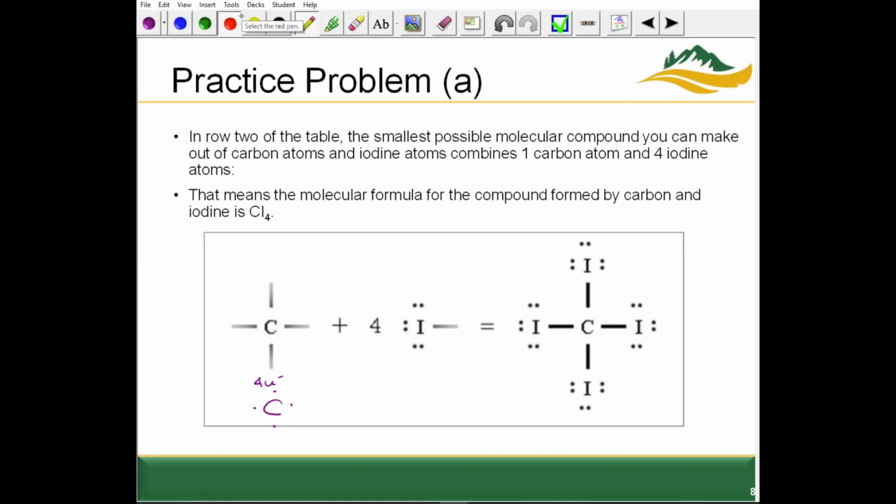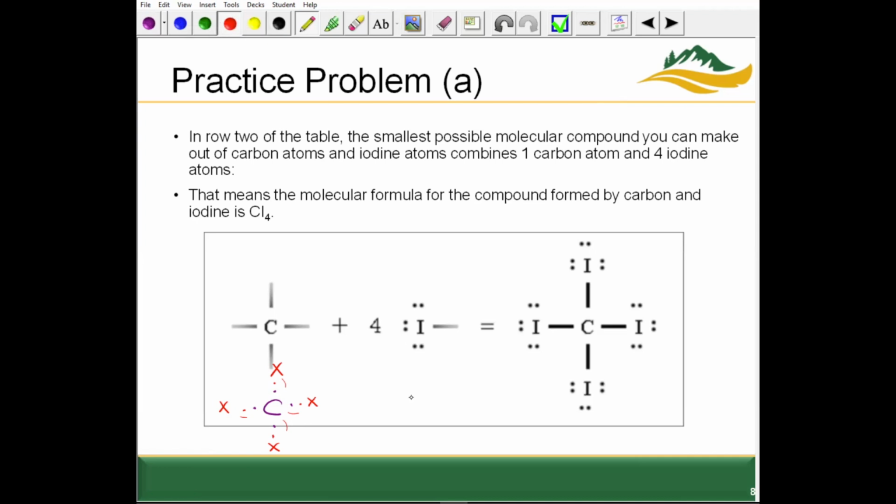Typically then, for carbon to achieve that, it would bond to something else 1 time, 2 times, 3 times, and a 4th time. So when carbon bonds to 4 other things, it'll have 1, 2, 3, 4, 5, 6, 7, 8 valence electrons around it and have a happy octet.